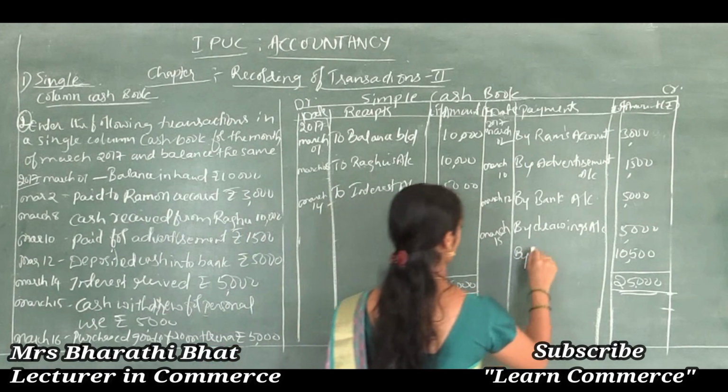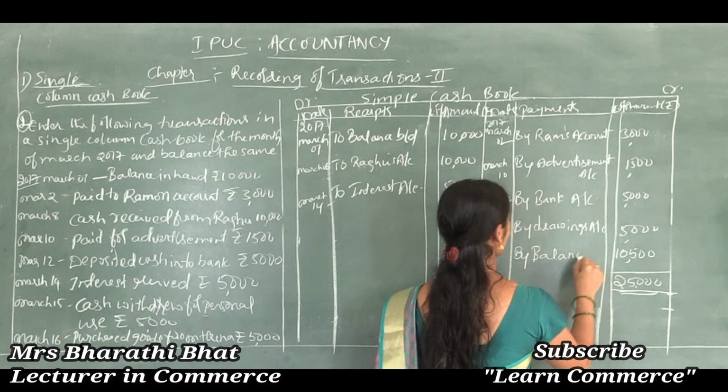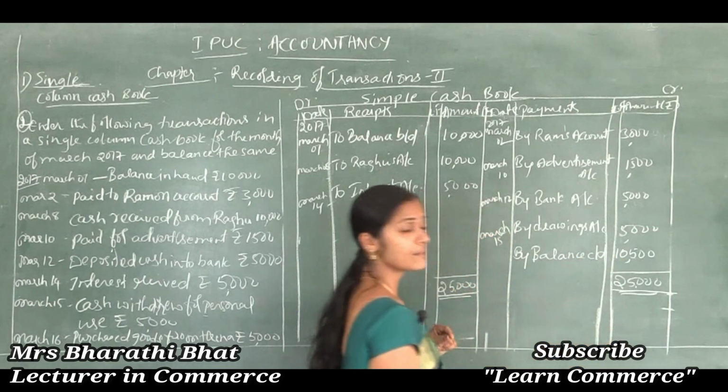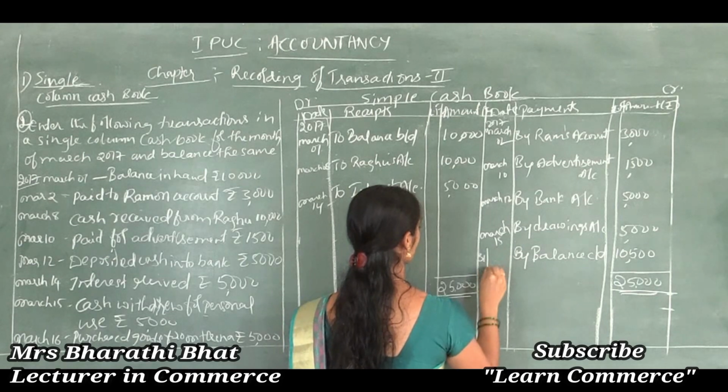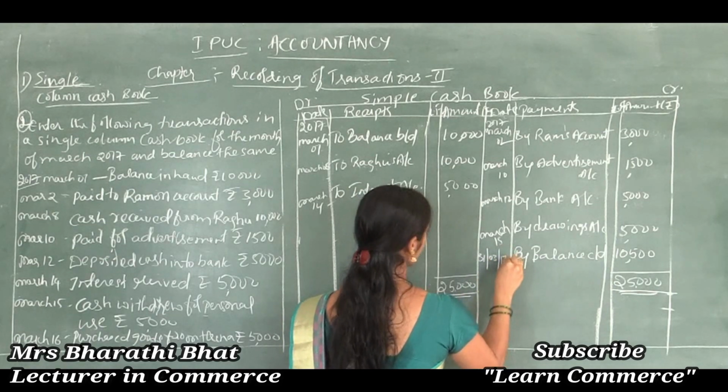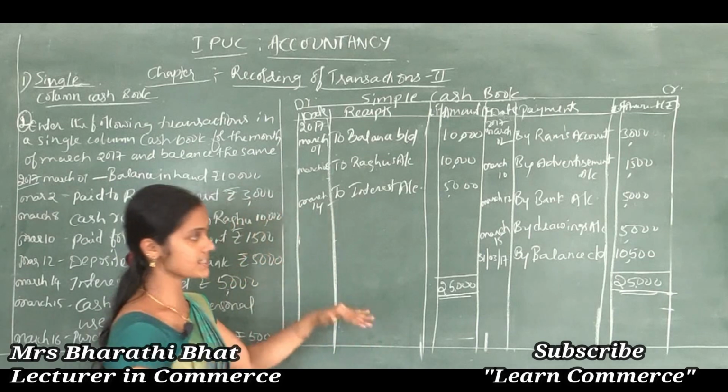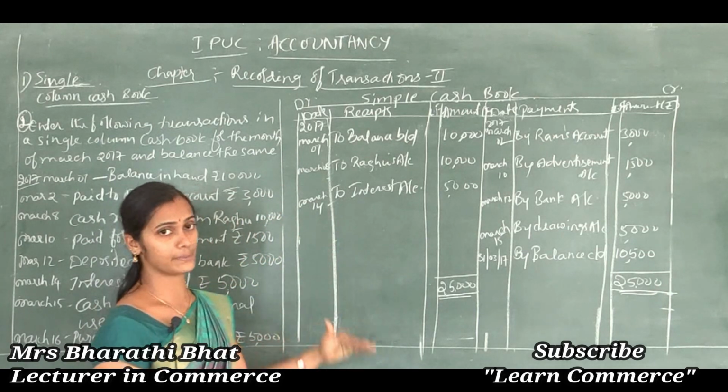So on this side, what should you write? By balance carried down, with the date. I told you, at the end of the month, the date is the end of the month, 31st March 2017. That is above the total, carried down, and below the total.